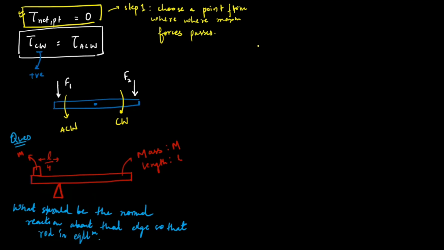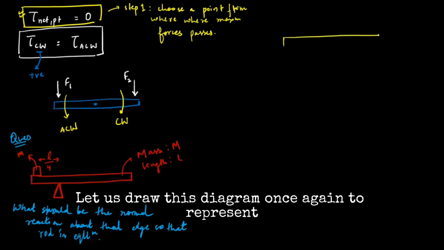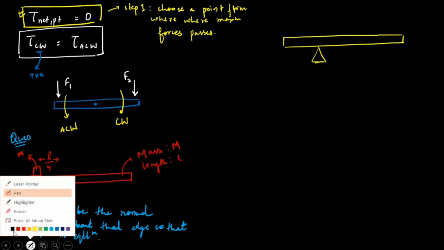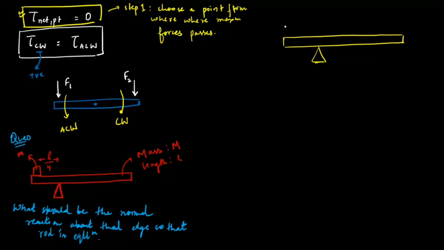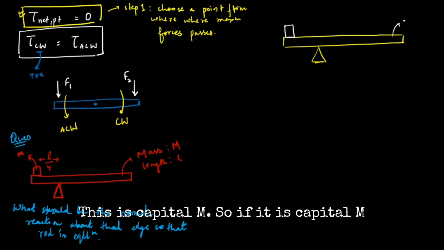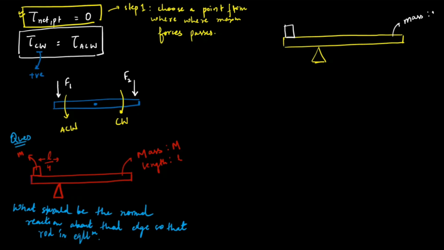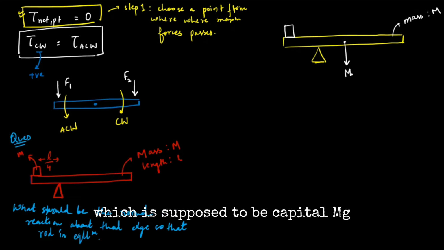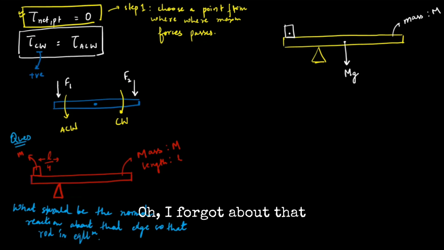Let us draw this diagram once again to represent the forces now. There was my mass, this is capital M. It must be exerting weight from its center of mass, which is capital Mg. Oh, I forgot about that.